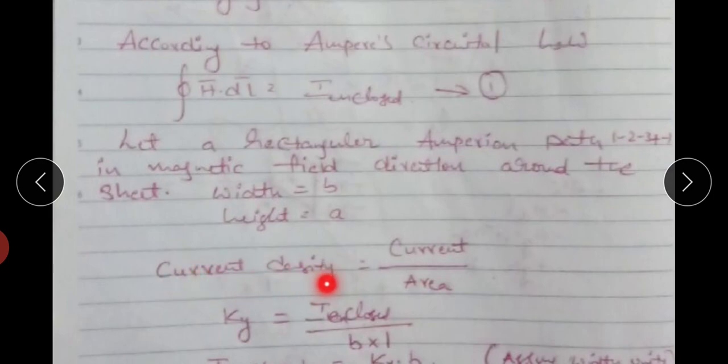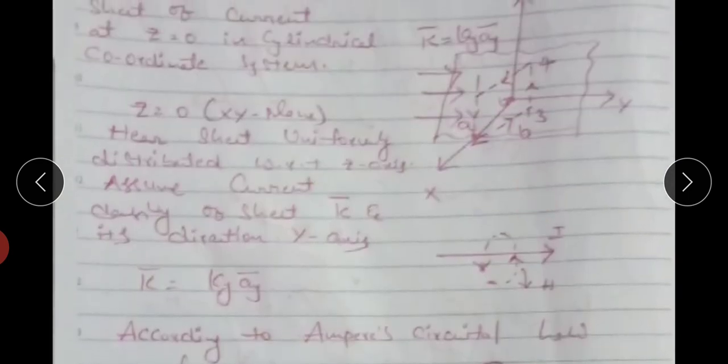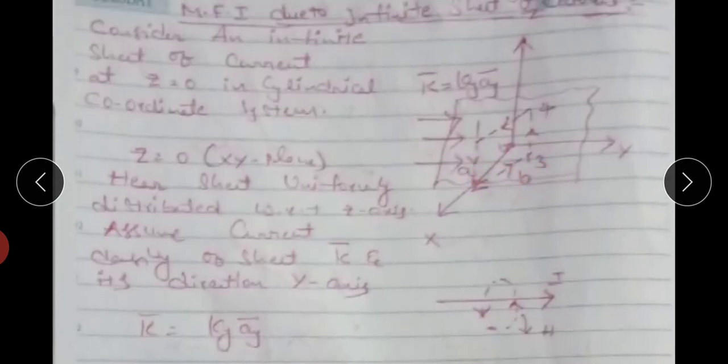So current density equals current by area. Here the current density ky equals I enclosed by area. So the amperian path area: this length equals b. Here the infinite sheet: the length of the sheet equals infinity and the width of the sheet equals unity.